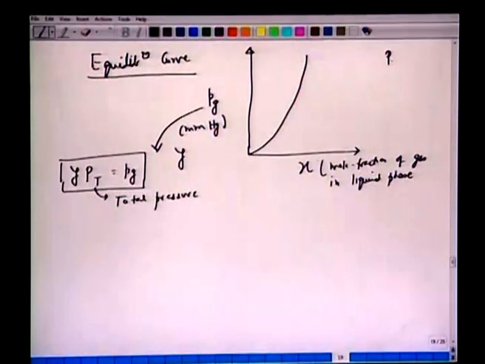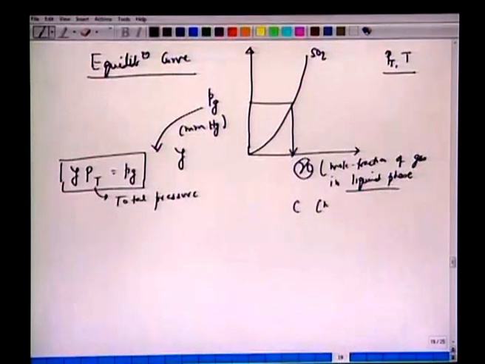Given total pressure Pt and temperature, let us say we have a curve for sulfur dioxide. All it means is, given so much partial pressure of sulfur dioxide in air, how much will be the mole fraction x in the liquid phase. One can also, instead of x, write in terms of C, moles per cubic meter of the liquid phase.